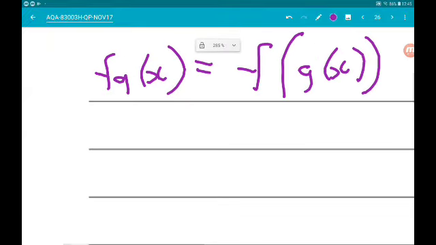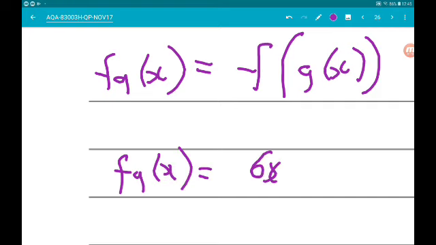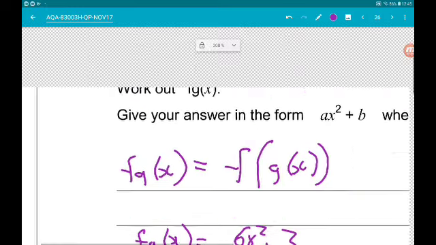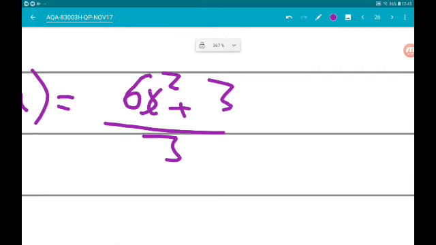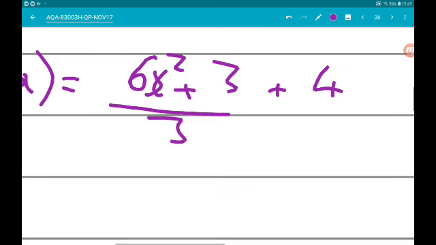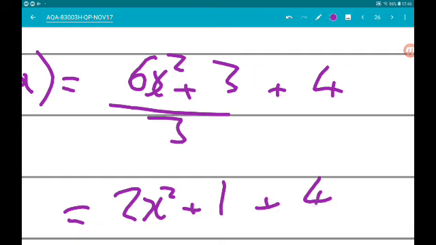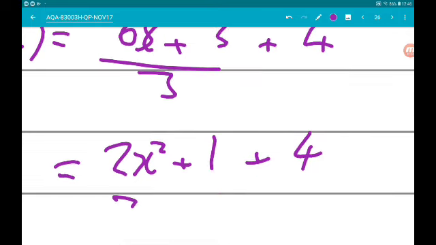So we get f of g of x is 6x squared add 3 over 3 add 4. Now the fraction has a common factor of 3, so that can divide away to give us 2x squared add 1 add 4. So we get 2x squared add 5.